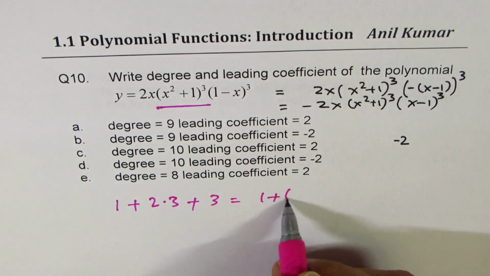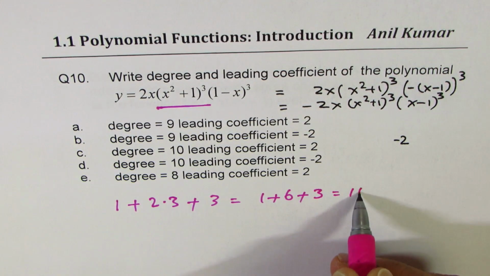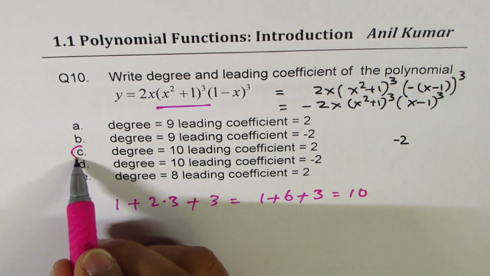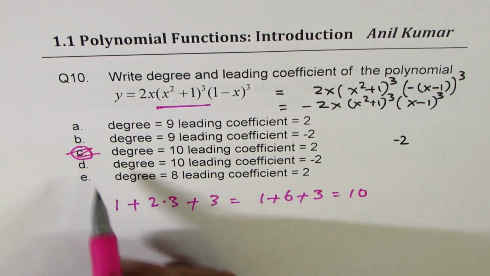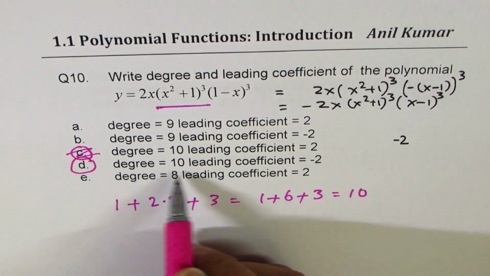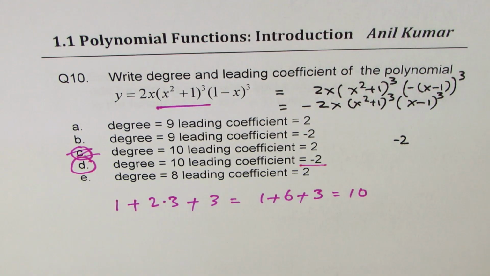So it is 1 plus 6 plus 3, which is 10. So that is option C for us. Degree is 10 and leading coefficient is negative 2, option D for us. Perfect, so that is the right answer. It's a very tricky question. Take care while solving such questions.